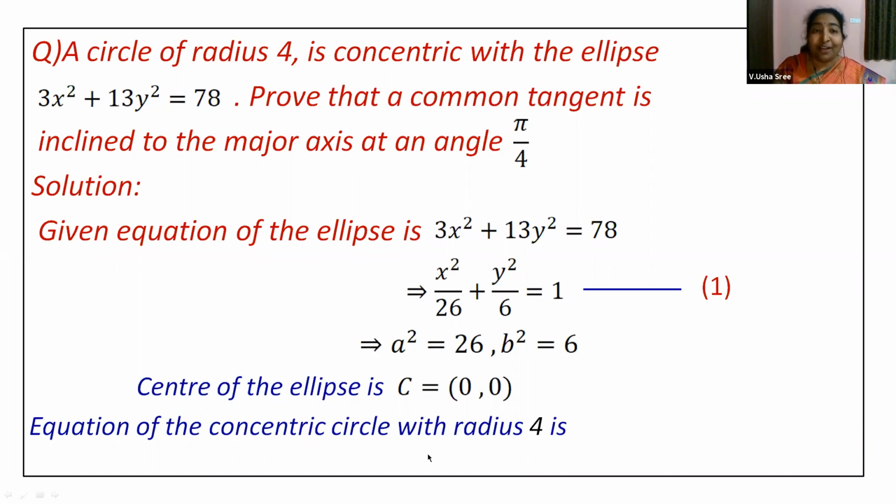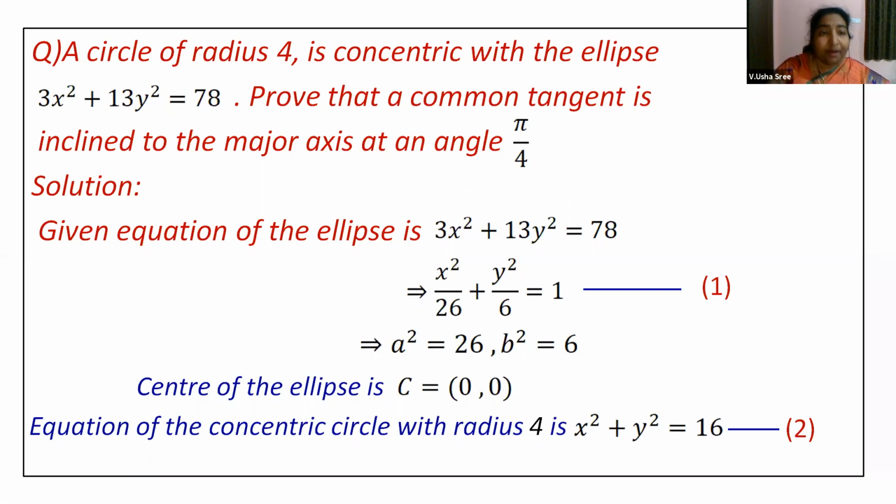Then the center of the circle is also 0, 0. When the center of the circle is 0, 0, what is the general equation, children? For a circle with center 0, 0, it is x square plus y square equal to r square. Radius is given as 4, so we can write it as x square plus y square equal to 16. We will call it equation number 2.